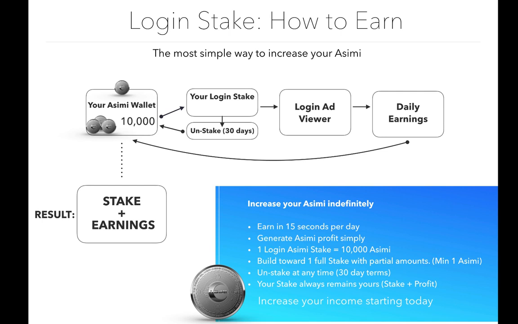And so if you want to build your Asimi reserves and acquire more Asimi tokens, this is one of the fastest ways to do that, because your stake, like I said, is always yours. You always get it back, plus you get those daily earnings, and you could do that every single day for weeks, months, years, and continue to generate additional Asimi as a result of simply logging in and viewing that ad.